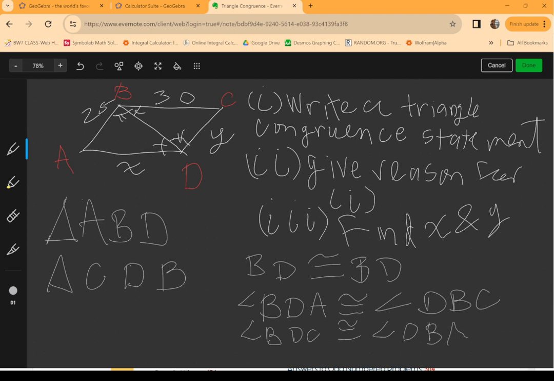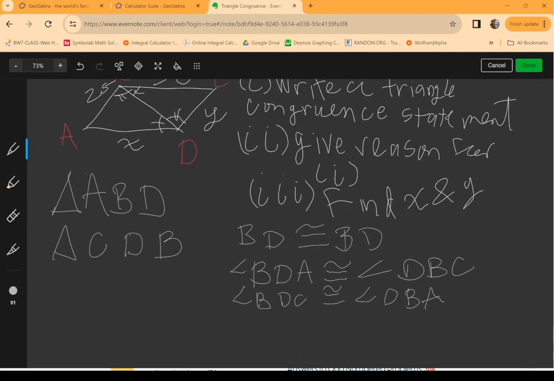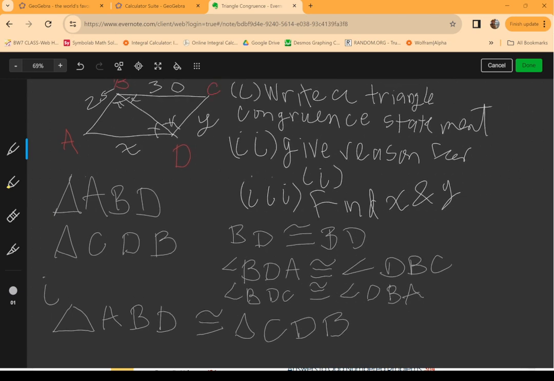All right. Okay, so I think we have enough information here, in fact, to conclude that the triangle congruent statement will be triangle ABD congruent to triangle CDB, right? Even though I only have these three pieces of information.